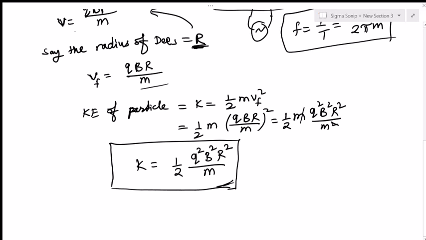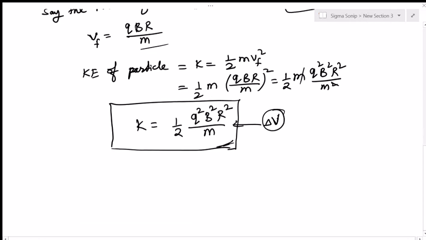And here you can see that the voltage between the Ds does not come into the picture. There is no delta V here, no voltage difference applied between the plates. What it means is that irrespective of the value of delta V, irrespective of the voltage difference between the Ds when we are accelerating the particle in the gap, the kinetic energy will be this.